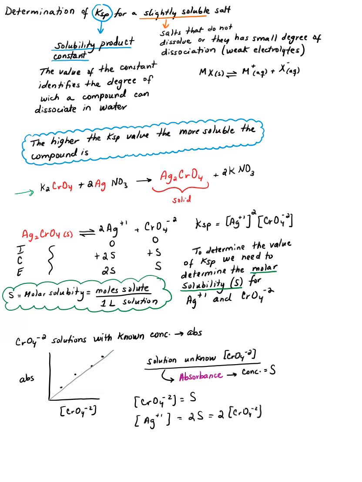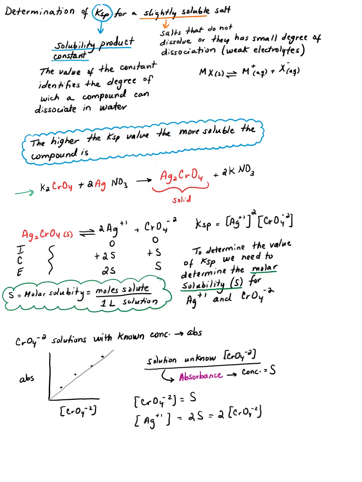Since our silver chromate is classified, looking at the solubility rules, as an insoluble compound, you should expect a numerical value that is really, really small for the Ksp that you're calculating.